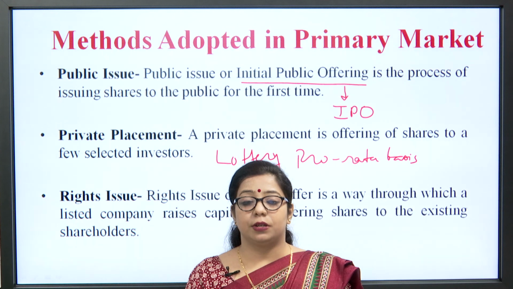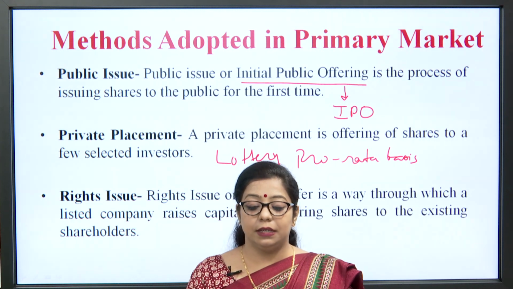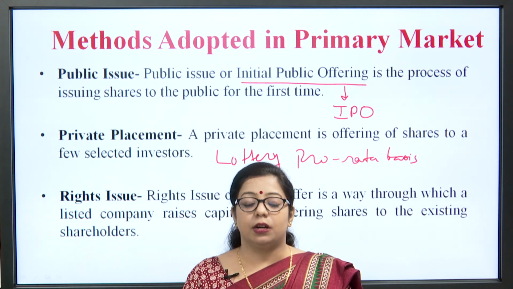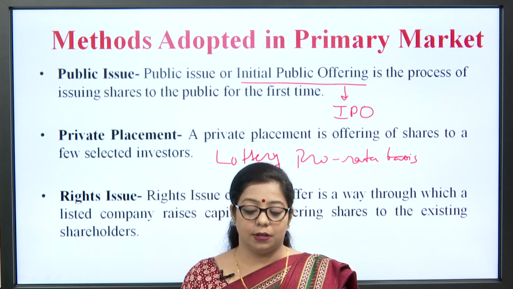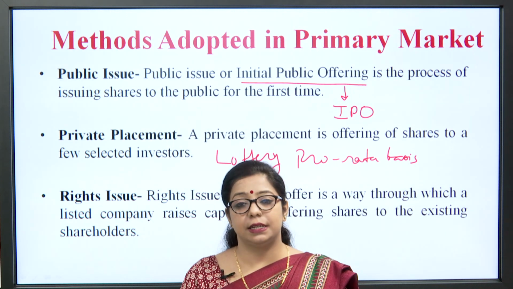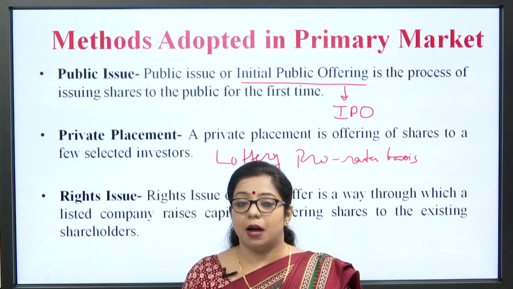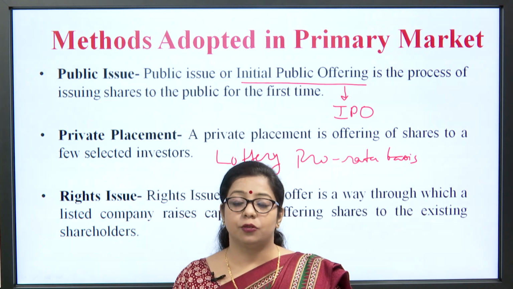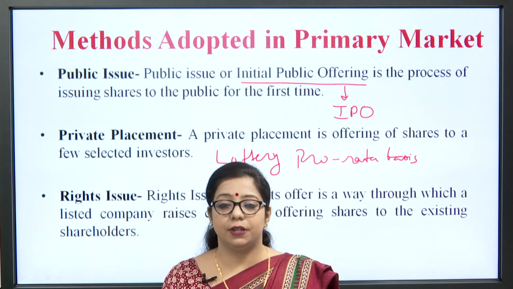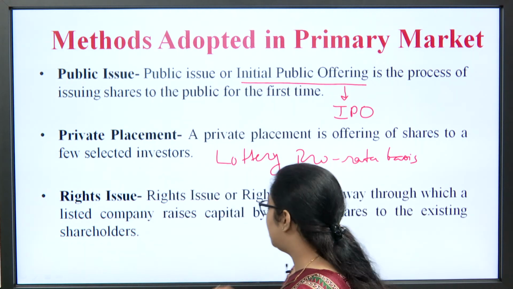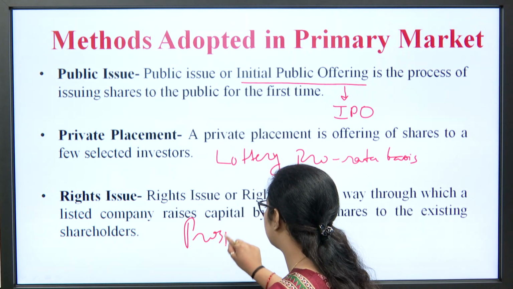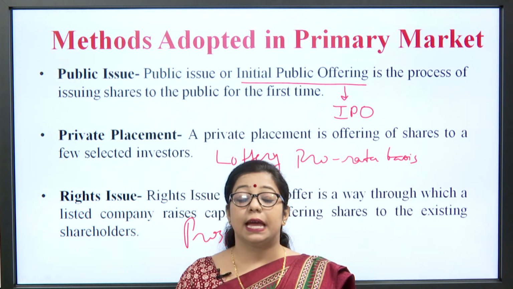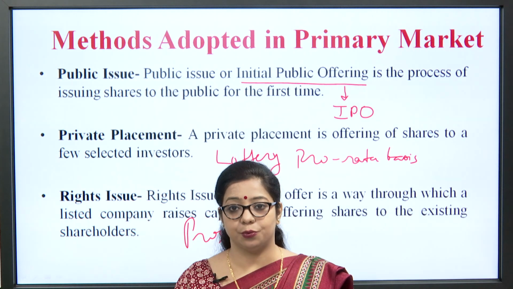Now, the next method is the rights issue or rights offer. It is done by a listed company to raise capital by offering shares to its existing shareholders. The company needs to invite the existing shareholders through a prospectus. The prospectus is used to give information to the existing shareholders about the rights issue.